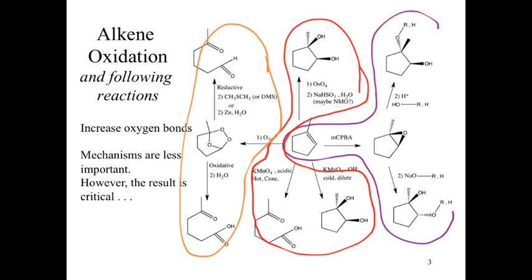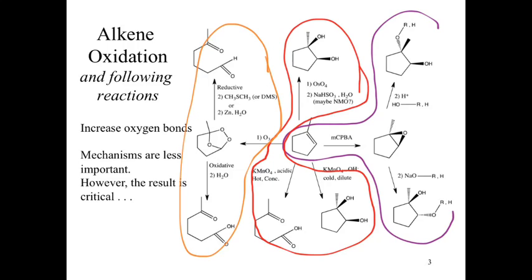Ozone is a really popular reagent within the ACS test, so I highly recommend that you remember that one, because you can use ozone and then change the second reagent that you're working with and get drastically different results. Same kind of idea with the epoxide, which we'll talk about on the far right.